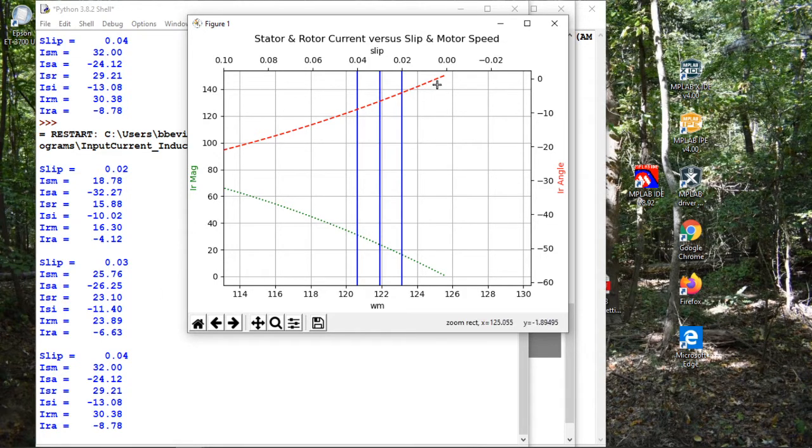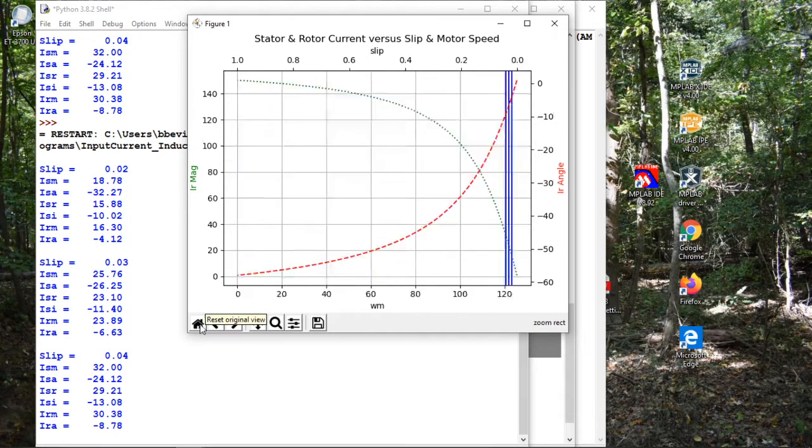And notice that the actual angle here is increasing as we're increasing the slip. Okay, so there you go. There's the current.